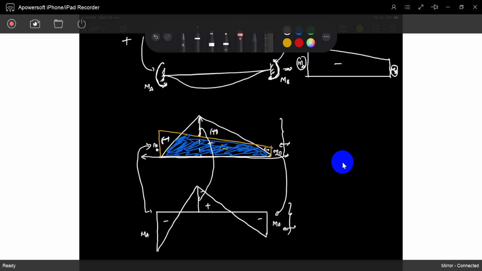Both are equal, but from today onwards, for fixed beams, we represent the bending moment diagram like this, because it is easy. Exactly what is this amount? You just need to calculate the total value and subtract this value, and you will get the bending moment at this location.